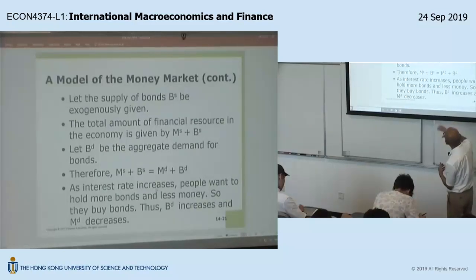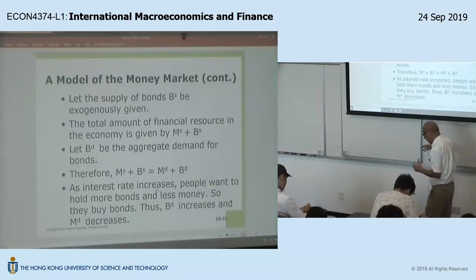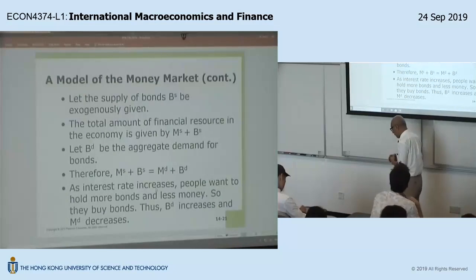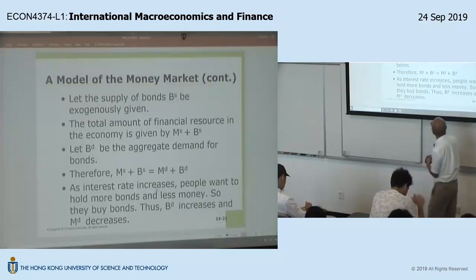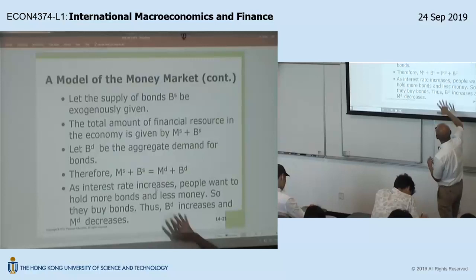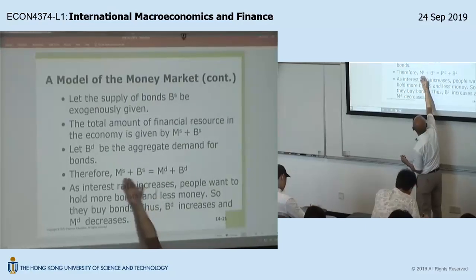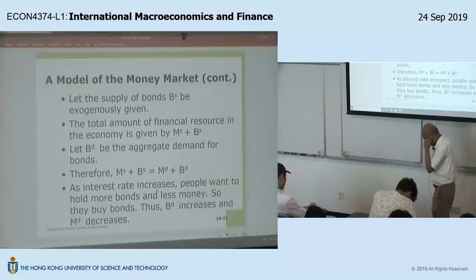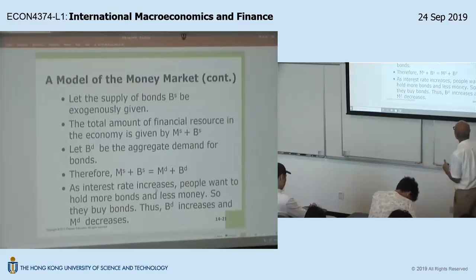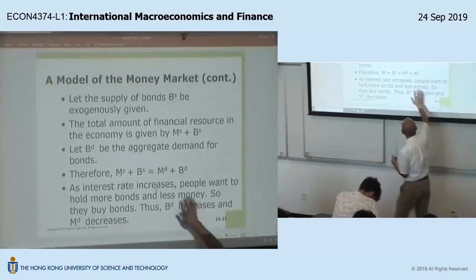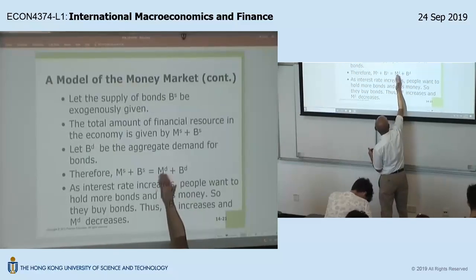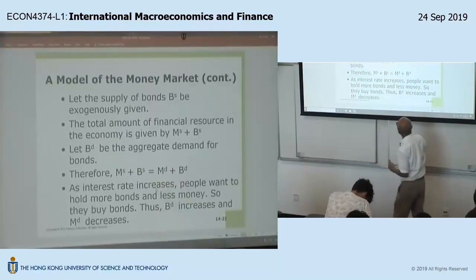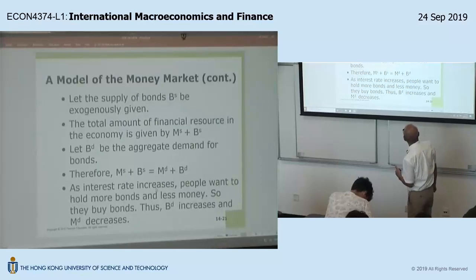So let BD be the aggregate demand for bonds. This is the demand for interest-bearing assets. Therefore, supply must be equal to demand. This has to be true. People just allocate their resources between the two kinds of assets.